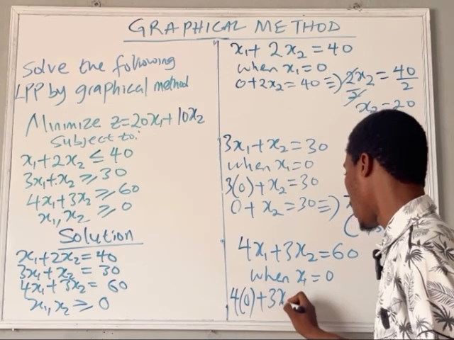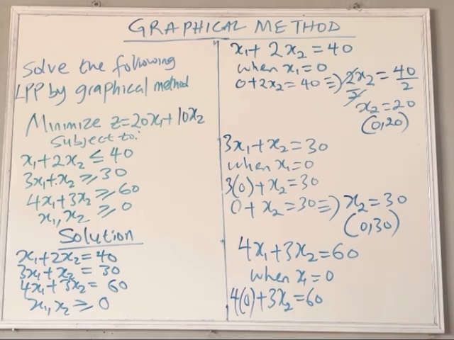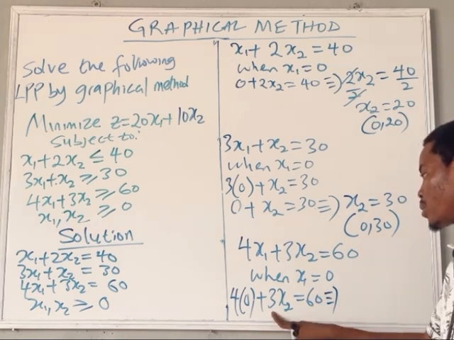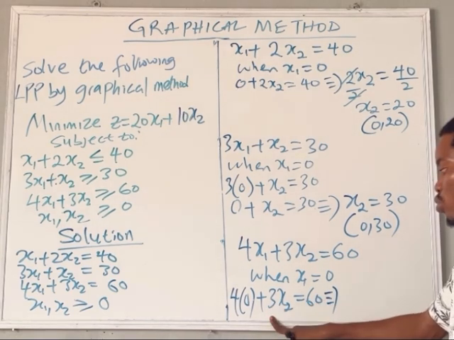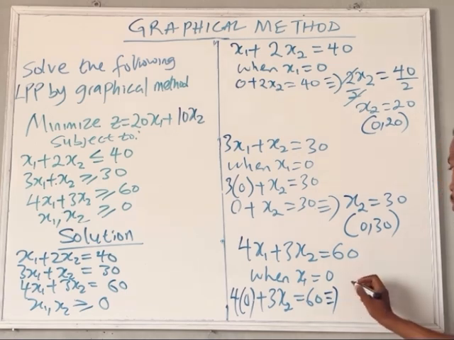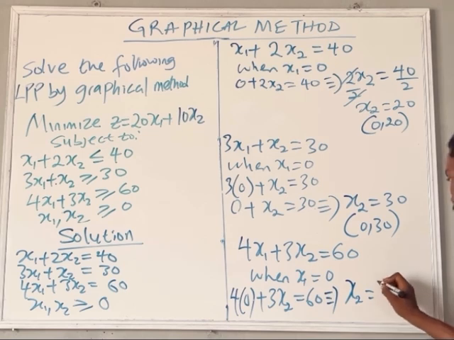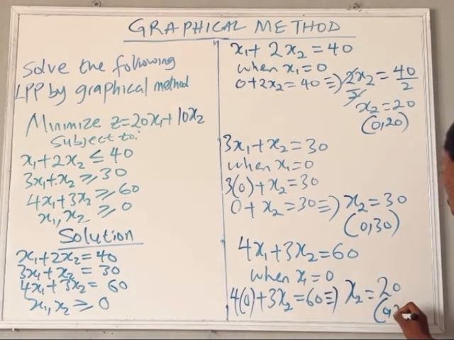If you multiply 4 by 0, you are going to get 0. This is 3x2, then it's equal to 60. It means that you have to divide 3x2 by 3, then 60 by 3, so that we are going to have x2. So if you divide 60 by 3, you are going to get 20. So when x1 is 0, our x2 is 20.